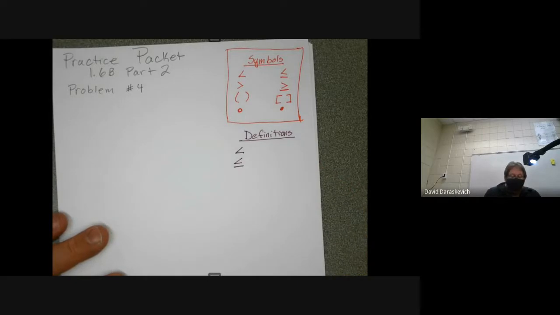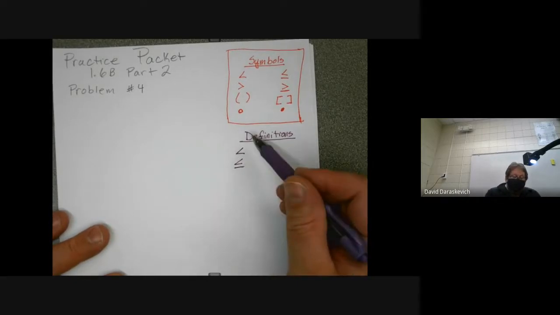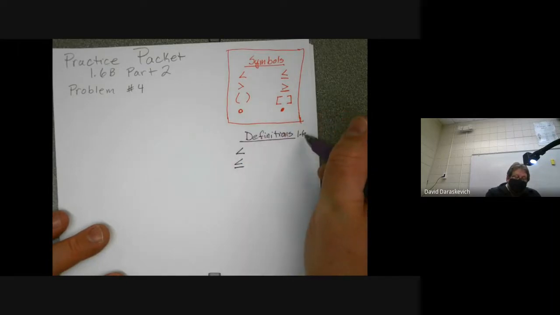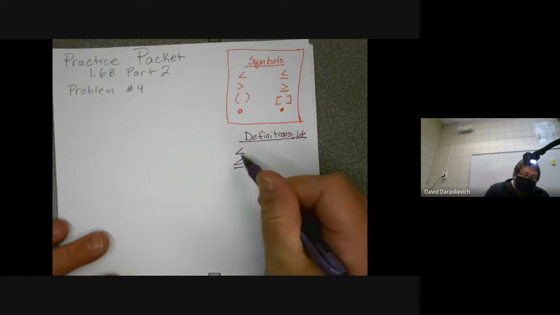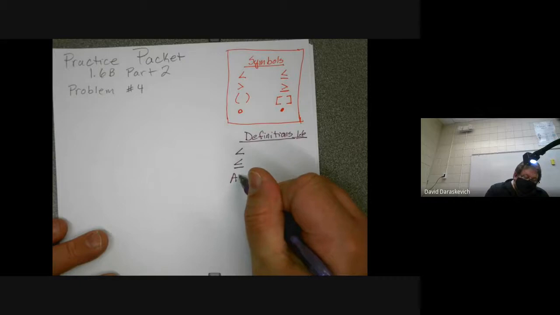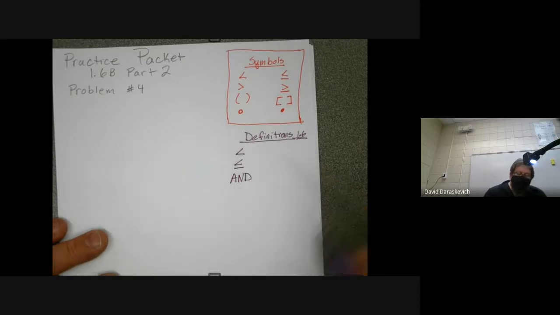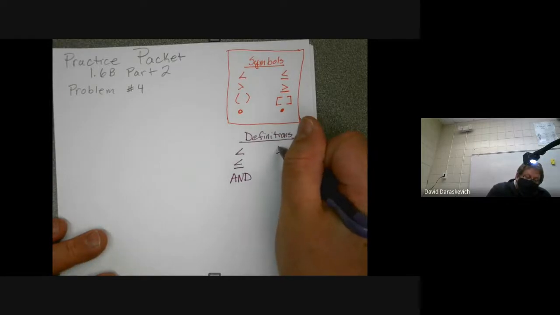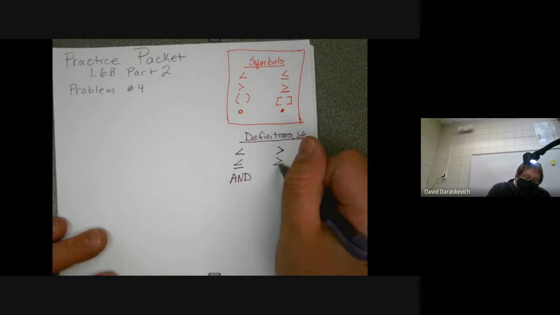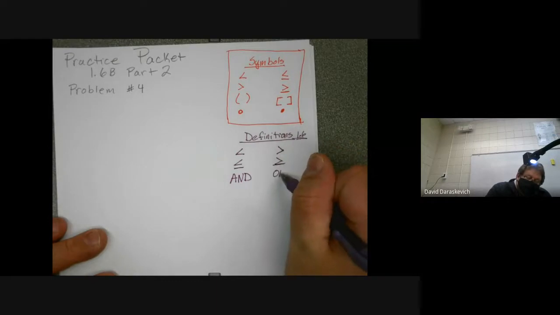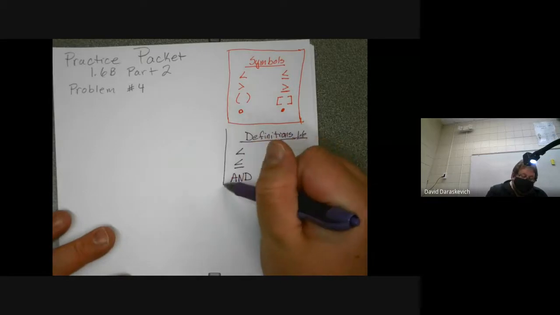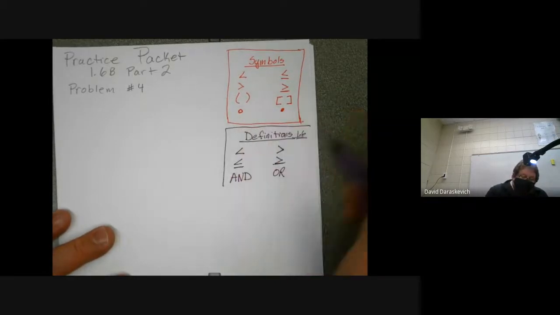When I'm dealing with inequalities with absolute values, this is for 1.6. When I have less than or equal to, I am going to use the conjunction word and. If I have a greater than or a greater than or equal, I'm going to use the conjunction word or. So here are a couple of definitions that are specific for 1.6.